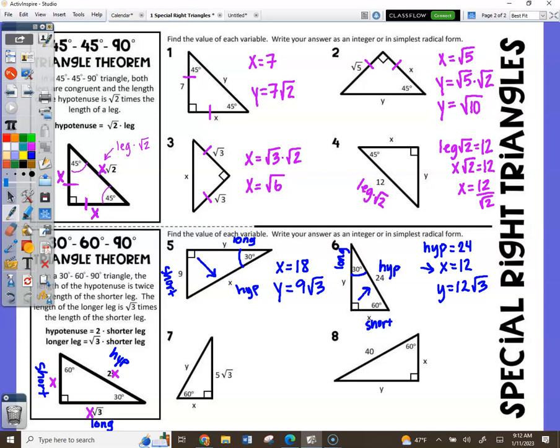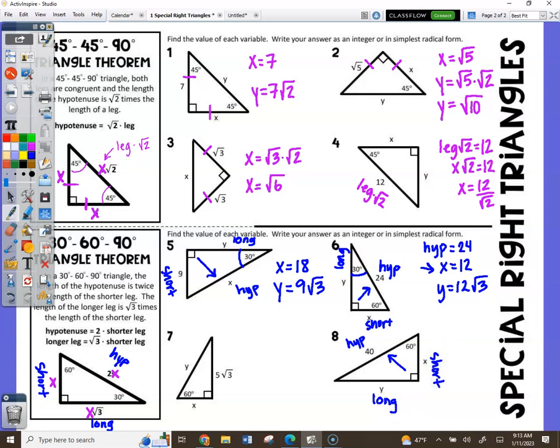Has everyone had a chance to answer 8? All right, so labeling it, this is the hypotenuse. That says 60. Coming across from it would make this the long, so that means this has to be the 30, and so this is the short.